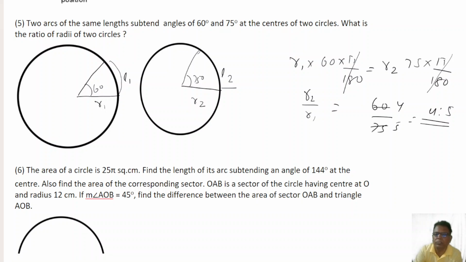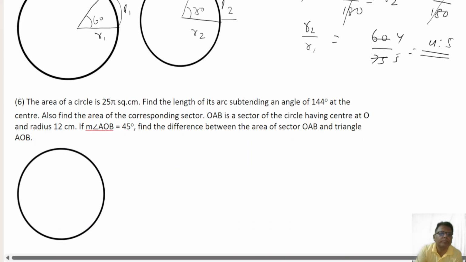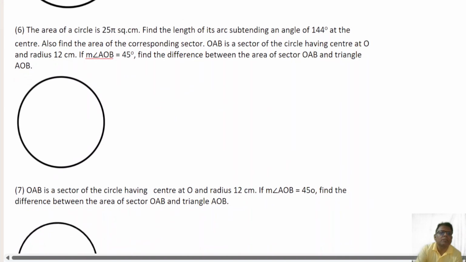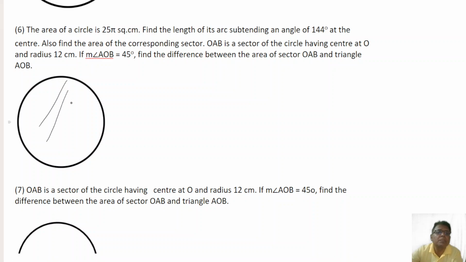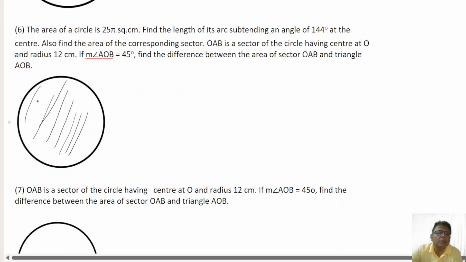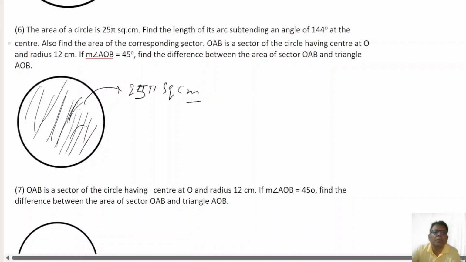Now come to the next question. Here the area of the circle is 25 pi square centimeters. Find the arc length subtending an angle of 144 degrees.